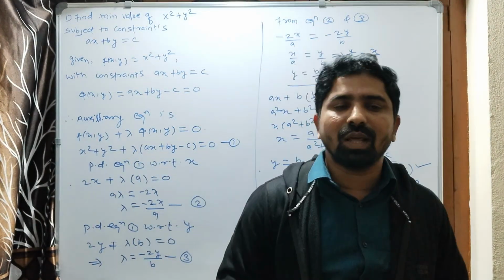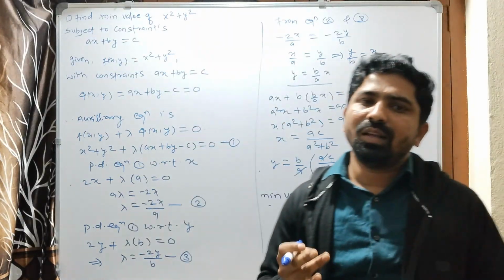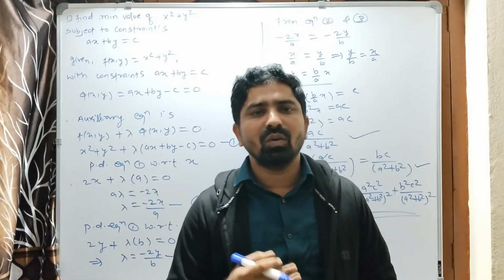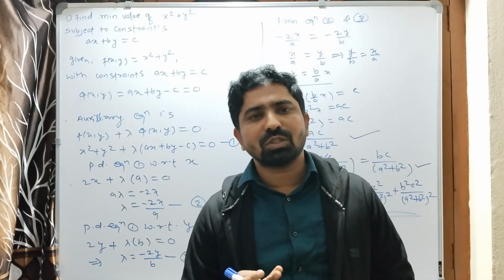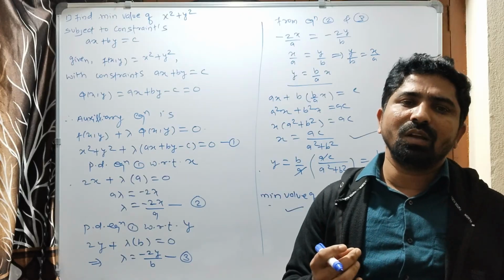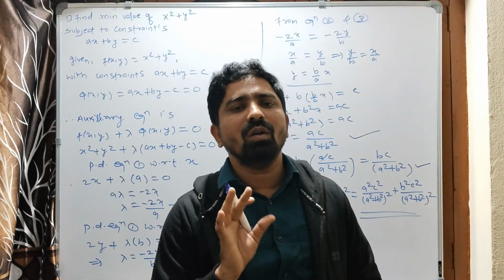So in Lagrange's multiplier method, f of x comma y comma z is your objective function, and x, y, z are related by your constraint phi of x comma y comma z. Our aim is to find the value of x, y, z for which your function is either maximum or minimum.